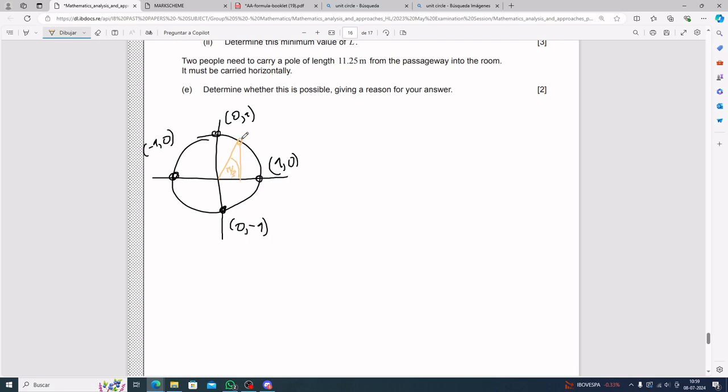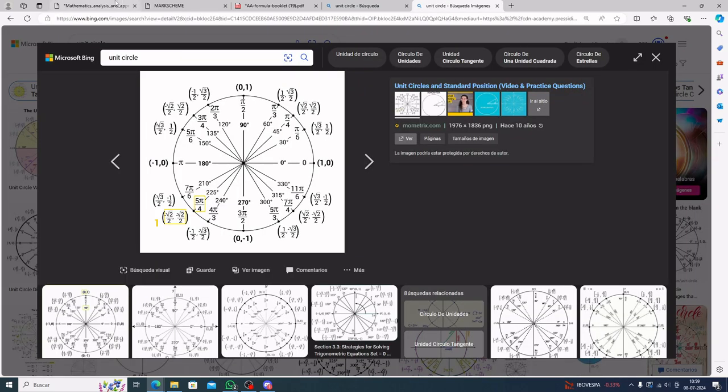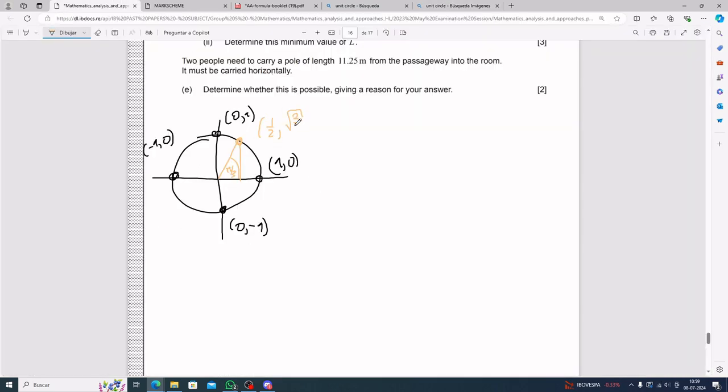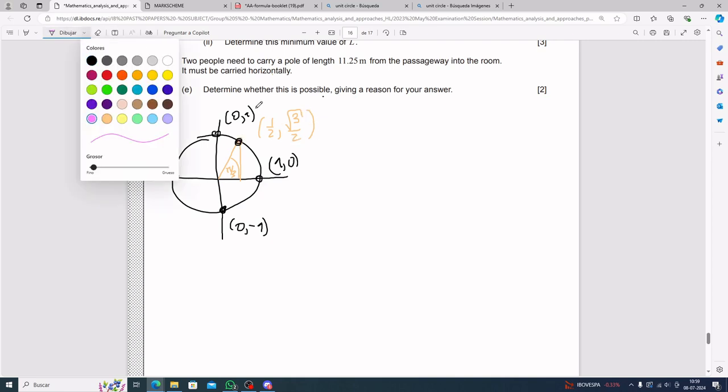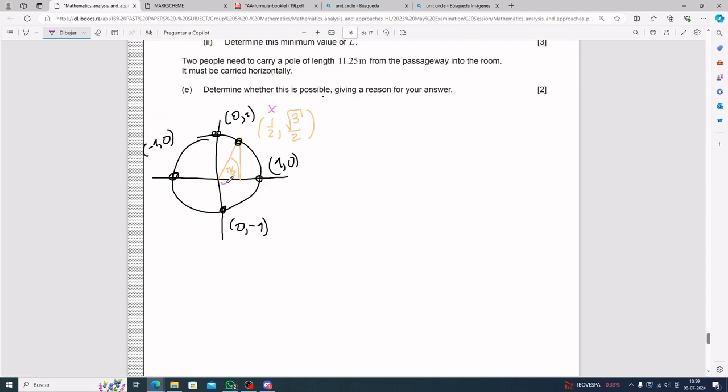So there we have pi divided by 3. And what point is it at? It's at the point 1 half, comma, square root 3 divided by 2. Now we need to understand the following. This point, 1 half comma square root 3 divided by 2, is basically telling you that this is my x, so over here you have 1 half.